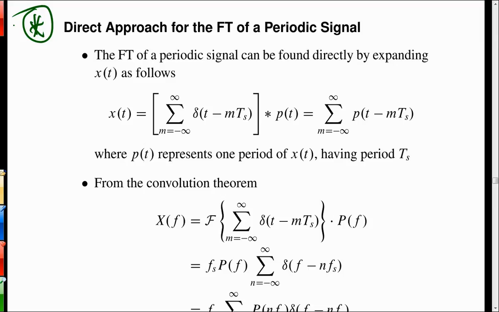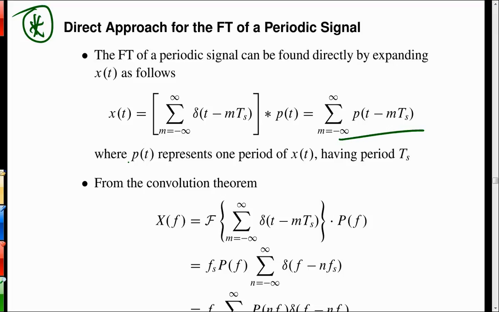It gives you an exact relationship for getting the Fourier transform and then also the Fourier coefficients as an indirect byproduct for any periodic signal. And all you have to be able to do is expand out x of t as a superposition of periods.